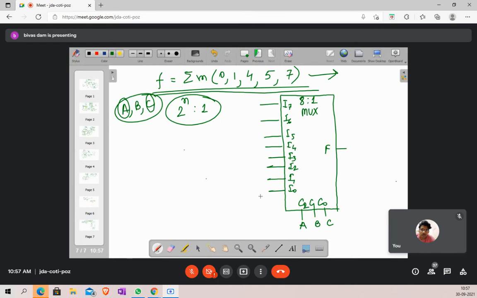When A, B, C are all 0, I0 gets connected to the function output. So now my required output is 1, so I0 should be connected to logic 1.